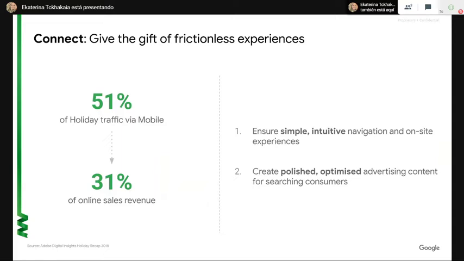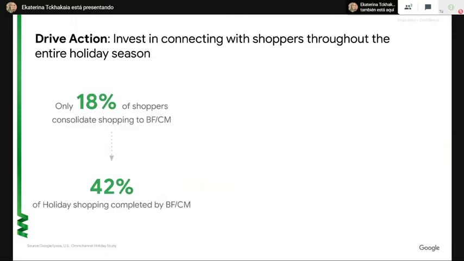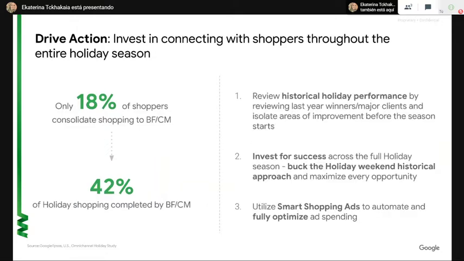Also try to make sure that there's polished and optimized advertising content for searching consumers, and don't forget about keeping the website, both desktop and mobile versions, speed really optimized during this period when there's a lot of traffic coming in.